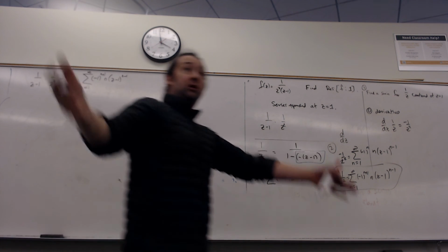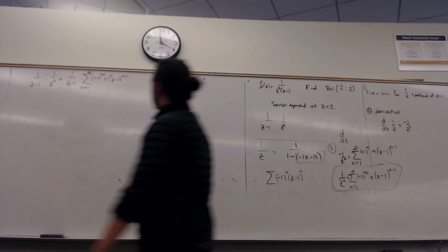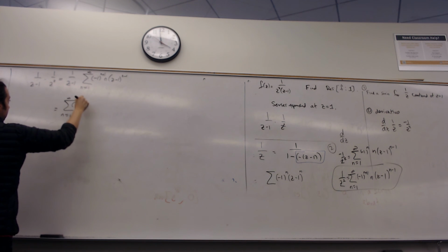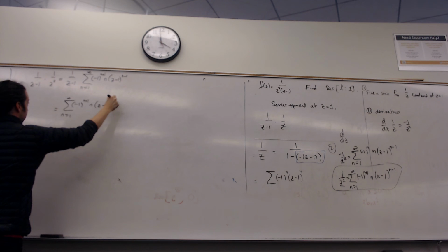But now I've got an extra copy of z minus 1 I can throw into the series. So if I divide out by another z minus 1, I get the sum from n equals 1 to infinity of (-1)^(n plus 1) n (z minus 1)^(n minus 2).